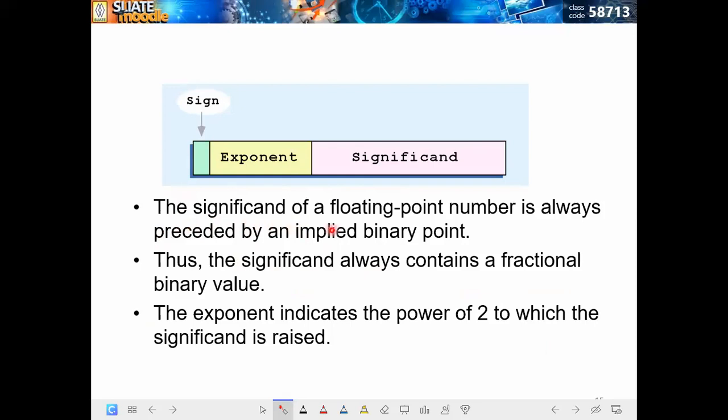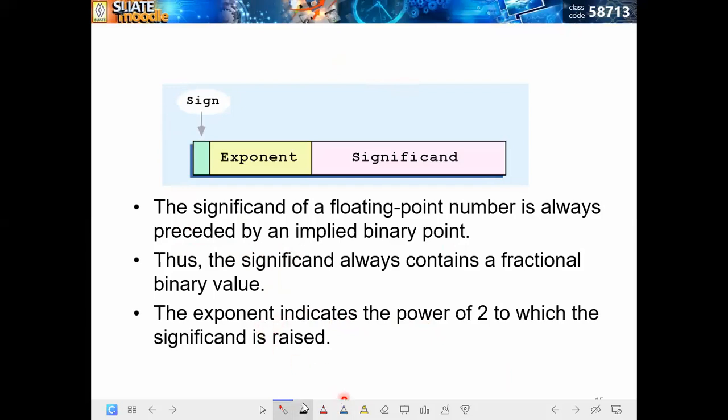The significant of a floating point number is always preceded by an implied binary point. Thus, the significant always contains a fractional binary value. The exponent indicates the power of 2 to which the significant is raised. What it says? It says a thing like this.